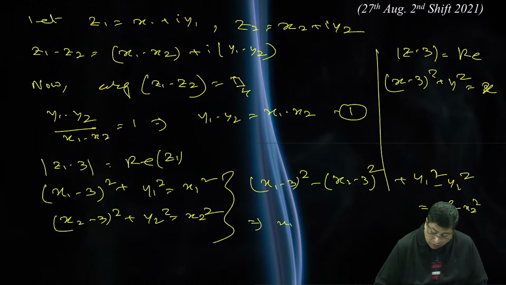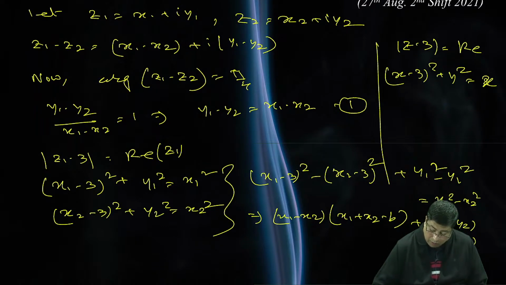We are getting x1 minus x2 into x1 plus x2 minus 6 plus y1 minus y2 into y1 plus y2 equal to x1 minus x2 into x1 plus x2.